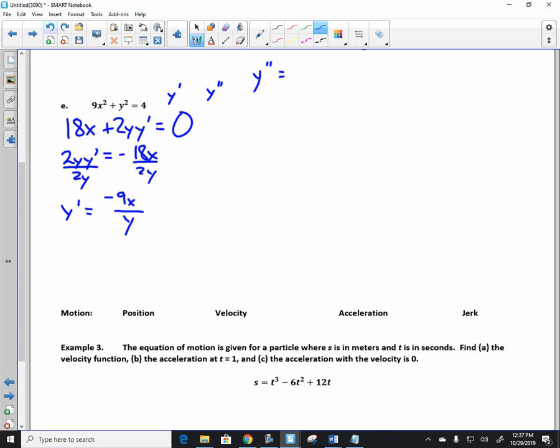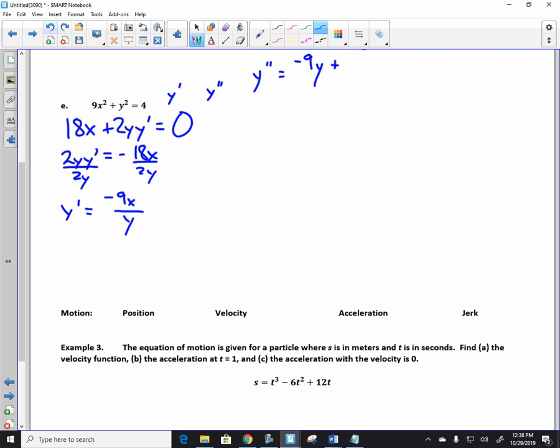What rule do you think I used to find y double prime? The quotient rule. Derivative of the top, negative 9, times the bottom, y, minus the derivative of y, which is y prime, 1y prime.